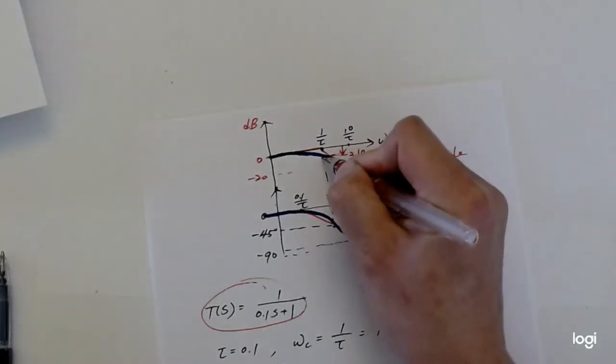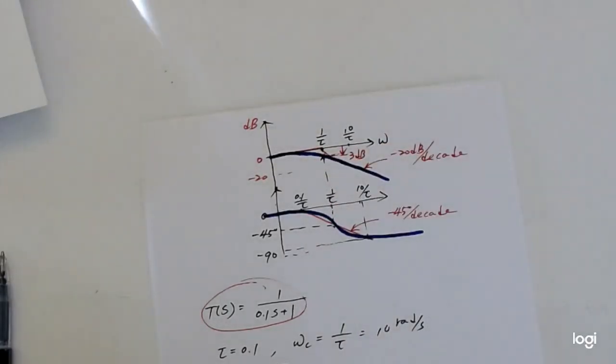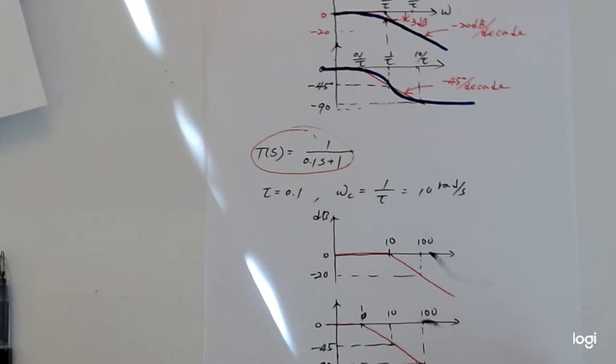That's why we always say this is a famous point. But the asymptote is for approximation.